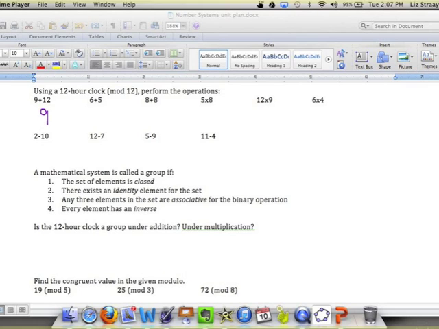So 9 plus 12 is 9. So 6 plus 5: if it's 6 o'clock and I go 5 hours later, it'd be 11. And 8 plus 8: if it's 8 o'clock, 8 hours later would be 4 o'clock.